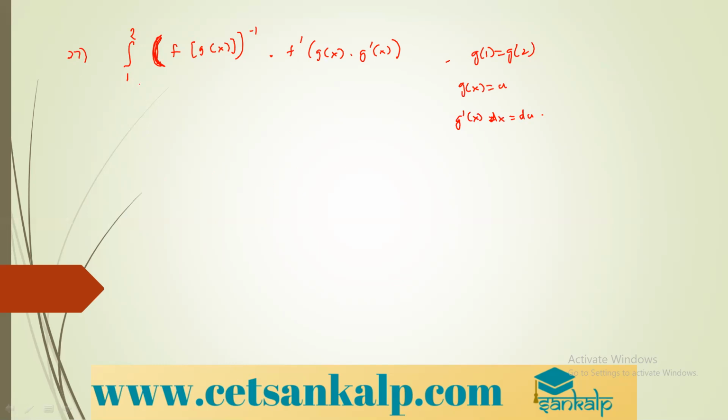Or you can just look at it and say, instead of two substitutions, if we use only one substitution, I will take f of g of x as u.